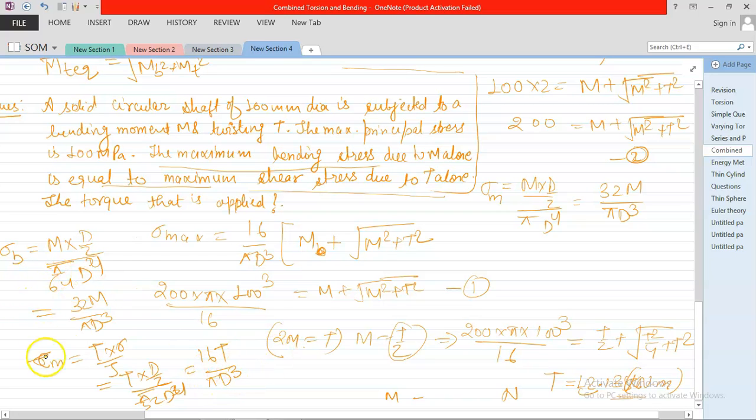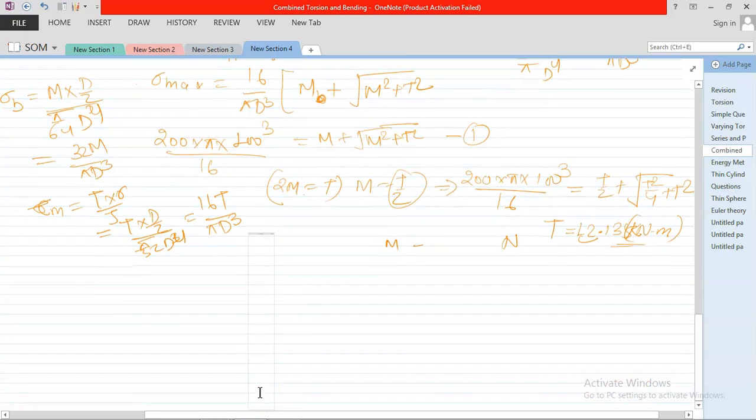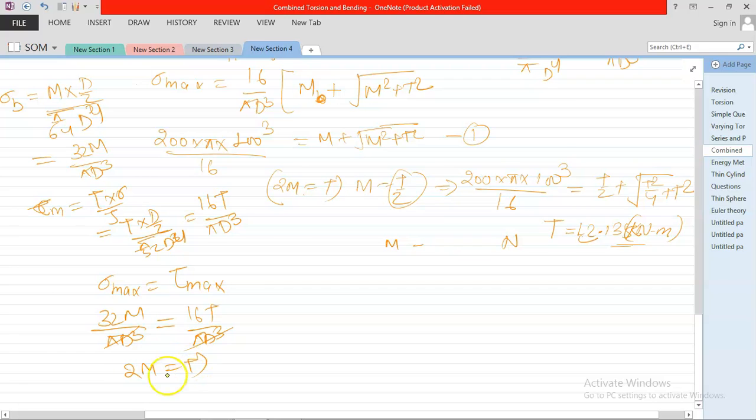So given that sigma max is equal to tau max, that means 32 M by pi d cube is equal to 16 T by pi d cube. So if you write it, 2M is equal to T. That's why I came to this conclusion.